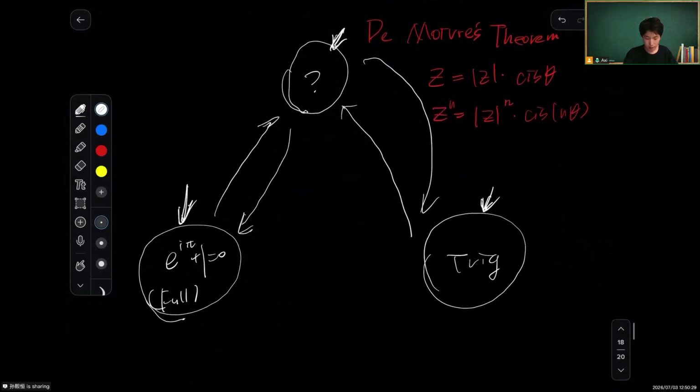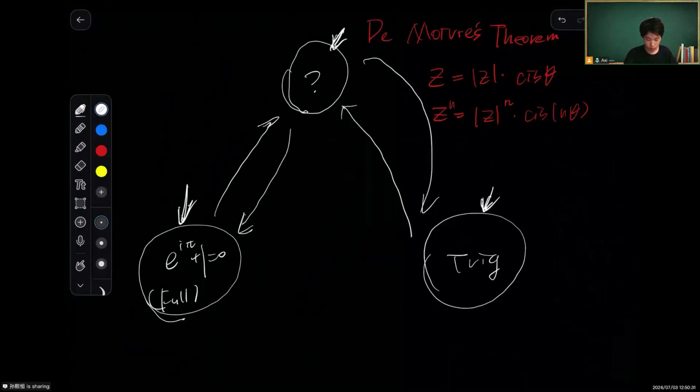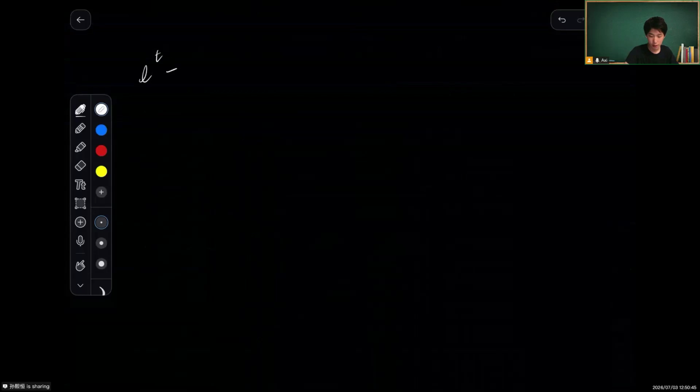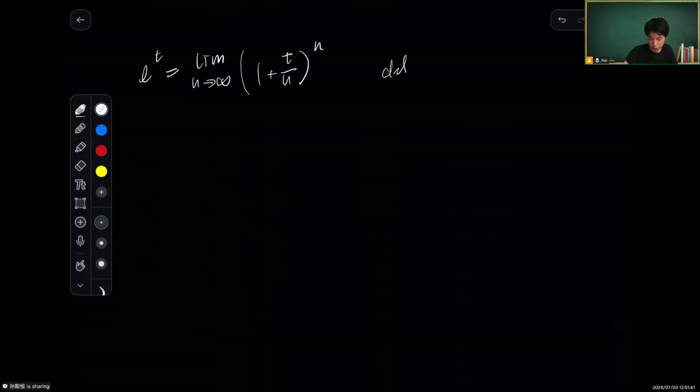Now, our task is to finish the link and actually prove why this is true. Recall e to the t is equal to the limit as n goes to infinity of 1 plus t over n to the nth degree. Even though here t refers to real values, what if we just extend the definition, so that we define e to anything, even imaginary numbers?